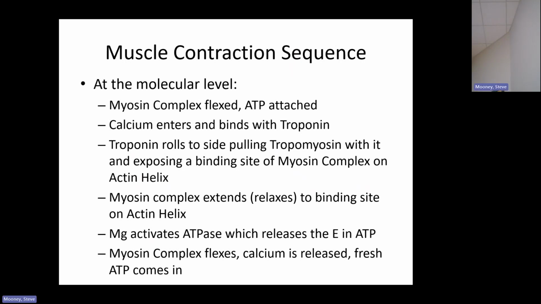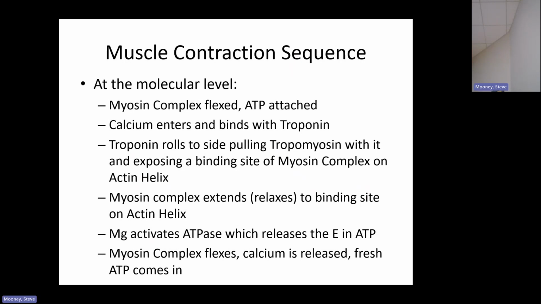Okay, so actin, I want you evenly spaced across those tables, facing that way.